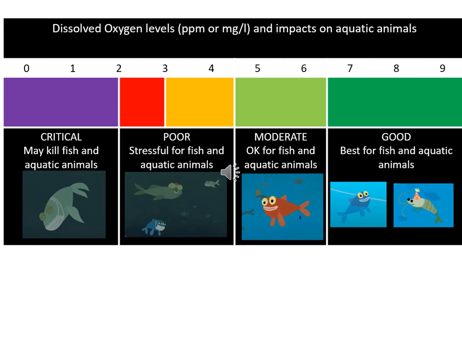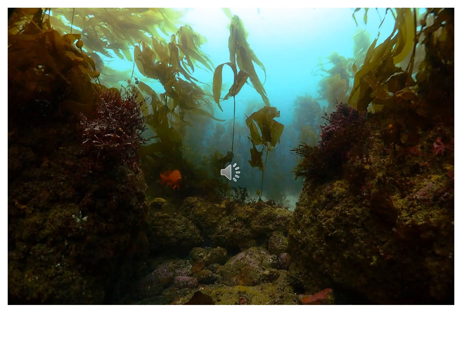It can be stressful for them if there's a little bit higher oxygen levels, but not very high, in that red and yellow zone. Moderate levels are okay, and even higher levels are great. But you have to realize that even though it's a little low, that can cause some stress, and then really low means death for aquatic animals. They depend on having that oxygen in the water.